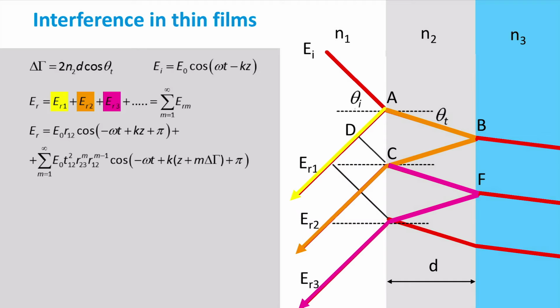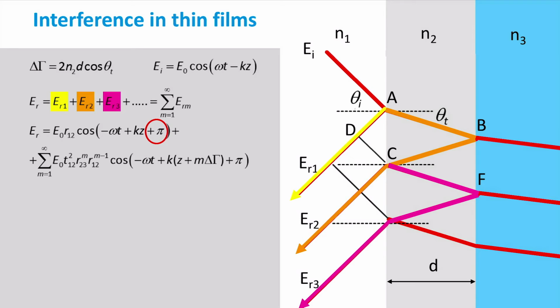The reflected wave can therefore be described by a single wave function consisting of two parts. The first part describes the initial reflection event. It is equal to the incident wave E_I multiplied by the reflection coefficient of the 1-2 interface. Notice the 1 pi phase shift with respect to the incident wave.